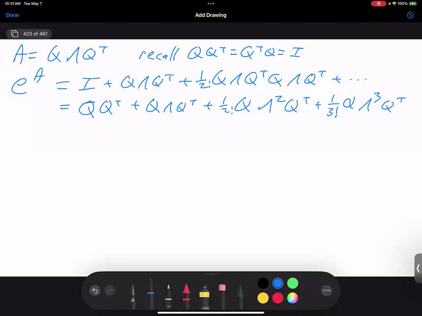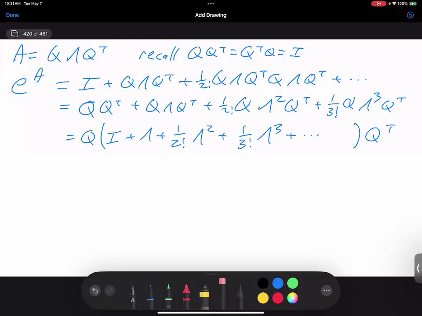So notice we can pull out a Q on the left, we can pull out a Q transpose on the right, and we get I plus lambda plus 1 over 2 factorial lambda squared plus 1 over 3 factorial lambda cubed plus dot, dot, dot. So this is now just Q e to the lambda Q transpose.